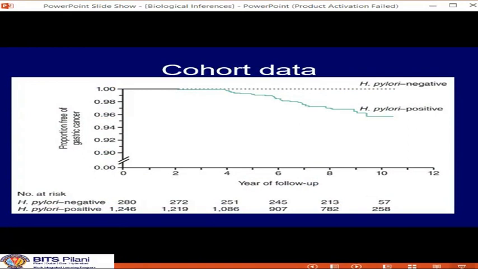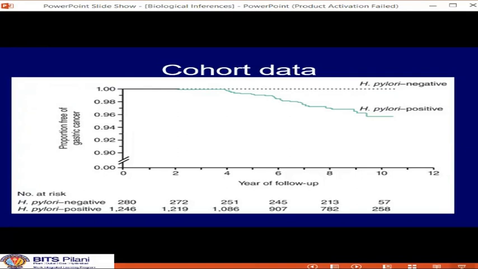Let's look at cohort data. You follow up a group of people and you see how many of them get gastric cancer. And you find that among those who are H. pylori negative, the chance of being cancer-free is almost 100%.